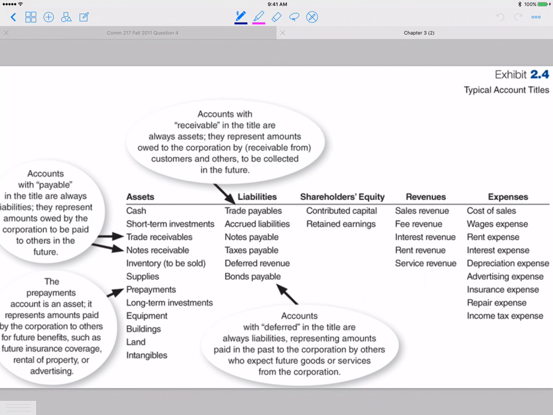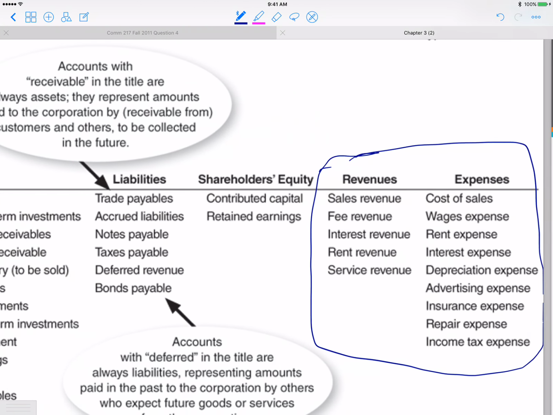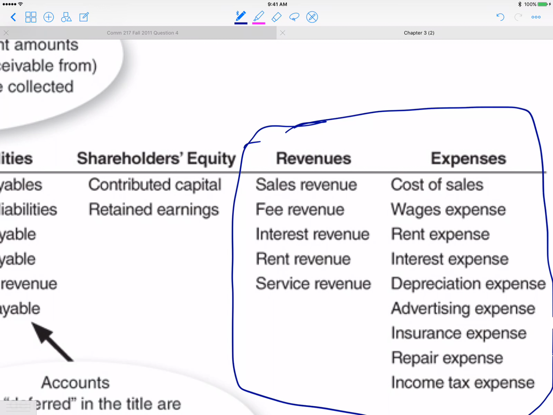So what I've put here is from your textbook. I've included an exhibit, if you recall, from the previous review sessions. And here is a list of some of the common revenue and expense elements. So if you take a look, we have our sales revenue from selling products, fee revenue, interest revenue, if our company has actually lent money, we can collect interest, rent revenue if we have rental properties, or service revenue.